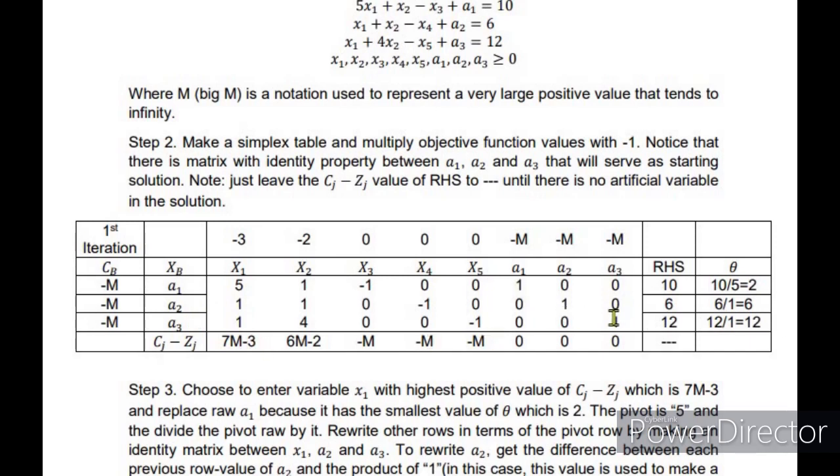So this is it, okay? That will serve as the starting solution. So we will just leave the Cj minus Zj value of RHS, okay, to triple dash until there is no artificial variable in the solution. So until there is no M here, or there are no A variables in the solution.